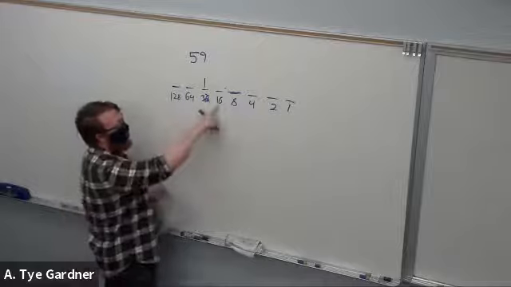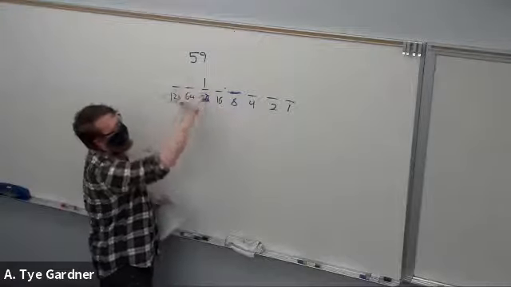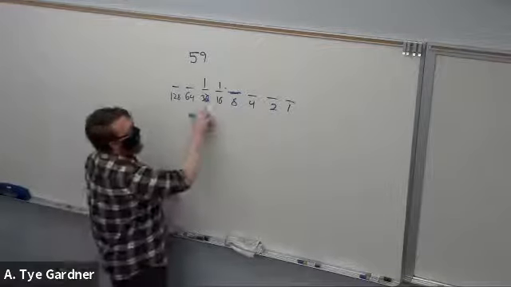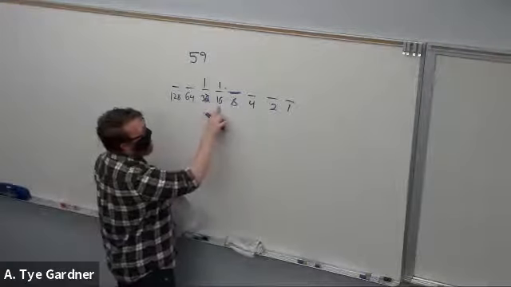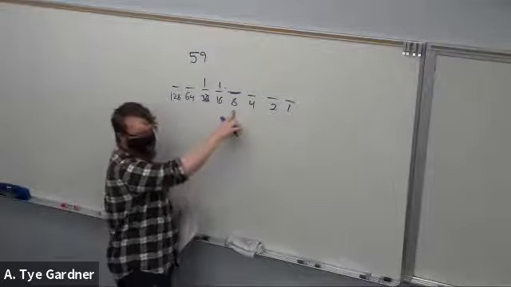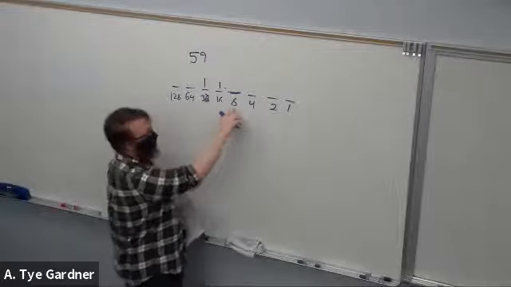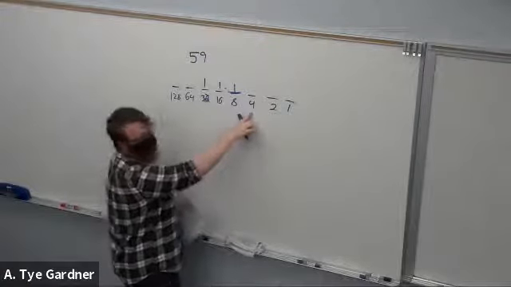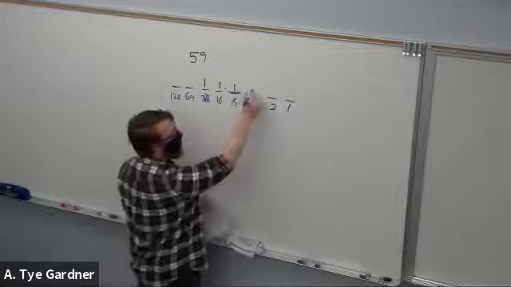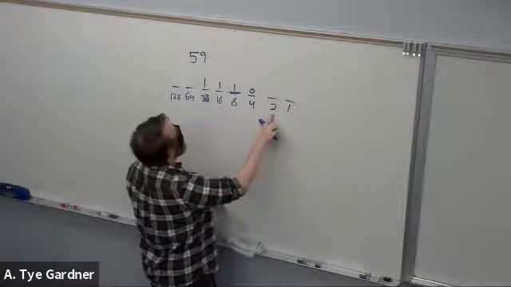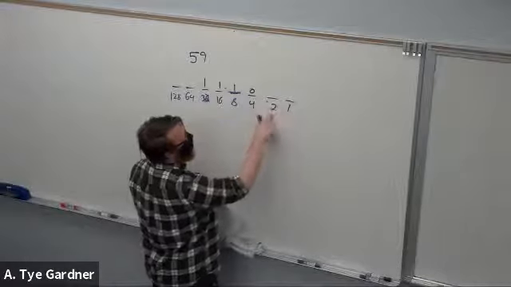And then we're just adding all of these columns together. So 32 plus 16 is 48, still less than 59, so I add it. And I go find the next biggest one. So 32 plus 16, 48 plus 8 is 56, so we're still under. This would be 60, so we'd be over.